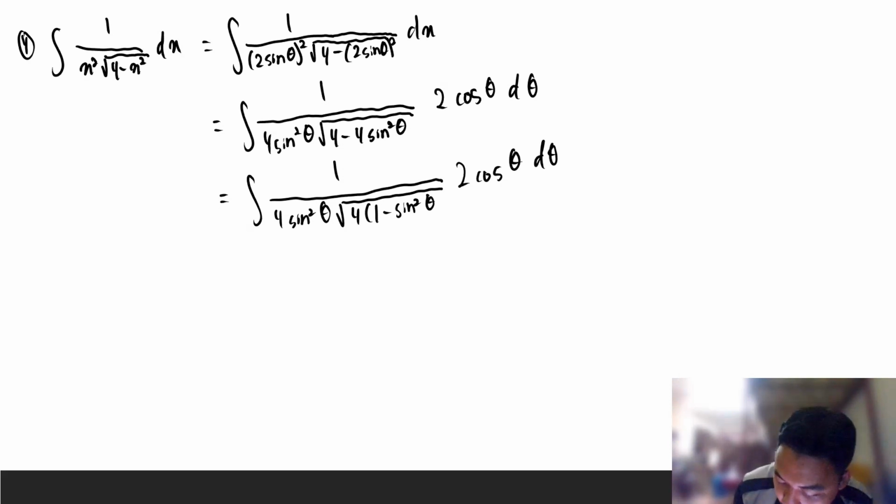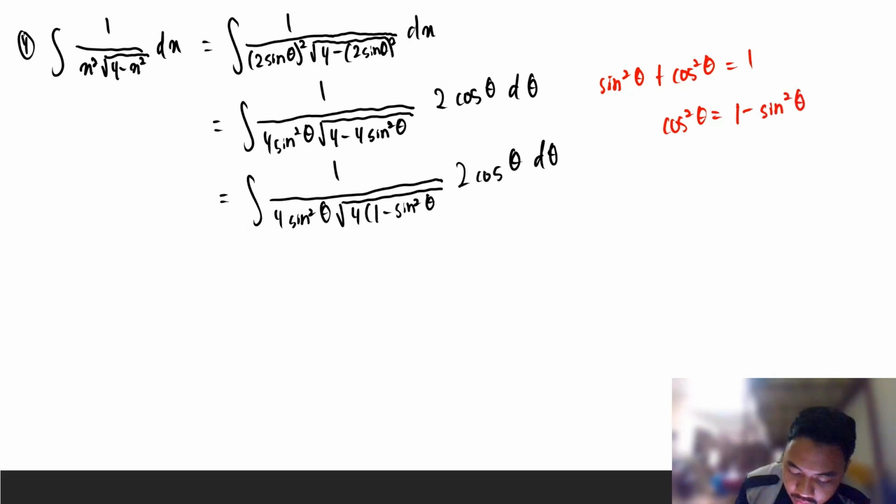From the trigonometric identities, we know that sine squared theta plus cos squared theta equals 1. So we rearrange the equation, and it becomes cos squared theta equals 1 minus sine squared theta.